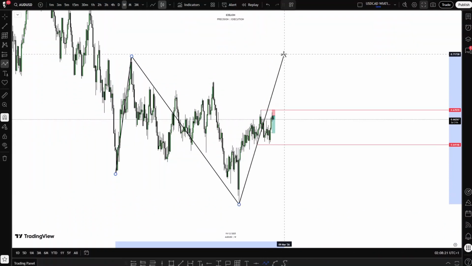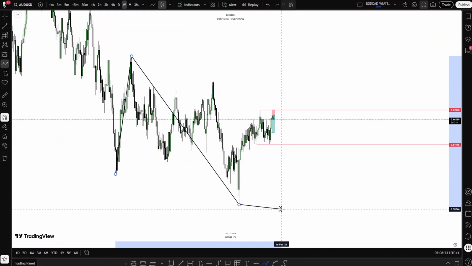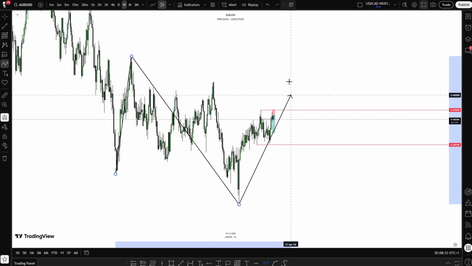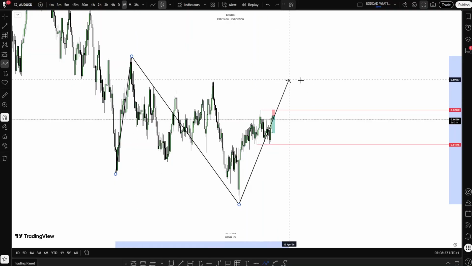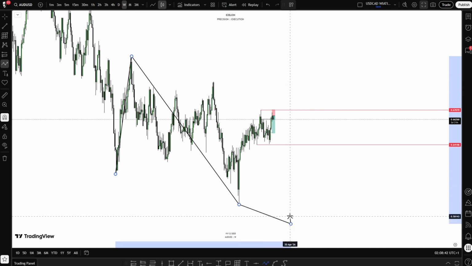So all this from this place down to this place is our structure, our dealing range, right? So when I saw this setup, I was arguing that price can trade all the way up to this place. This is the premium side, right? So okay, let me just leave this now.